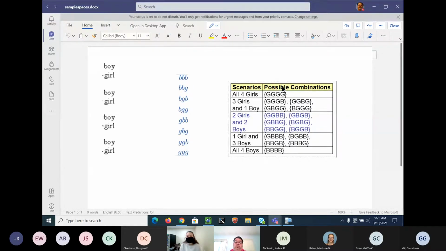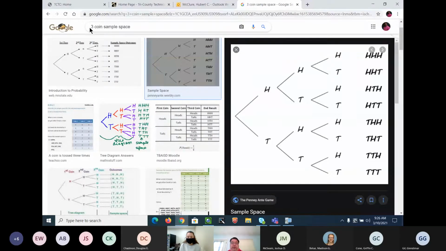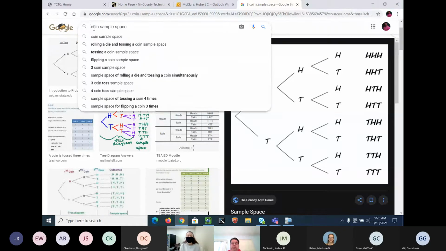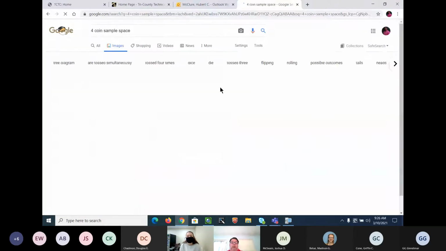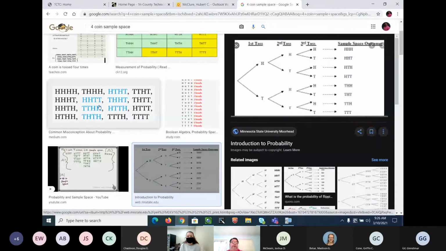So I'll go and do this for you. Hold on. I don't know why I do this for y'all, because I know there's only 2 people that's going to do it. Let me go ahead and go up here and type in 4 coin. They probably already have one, but I'm going to make sure. The one I use is this one right here. You can use that one, or here's one right here you can use.